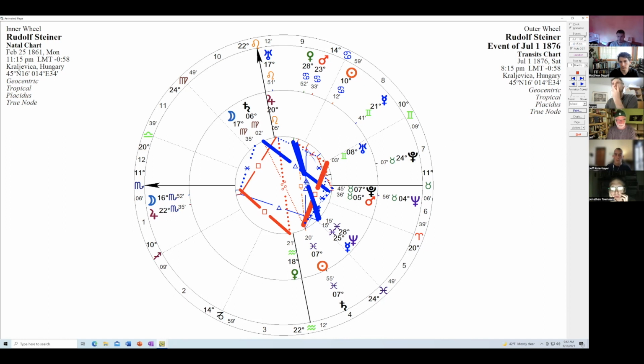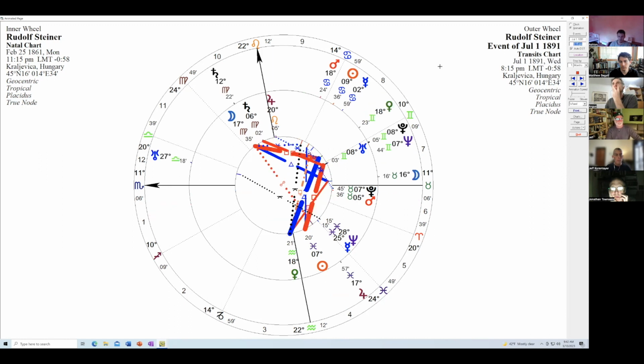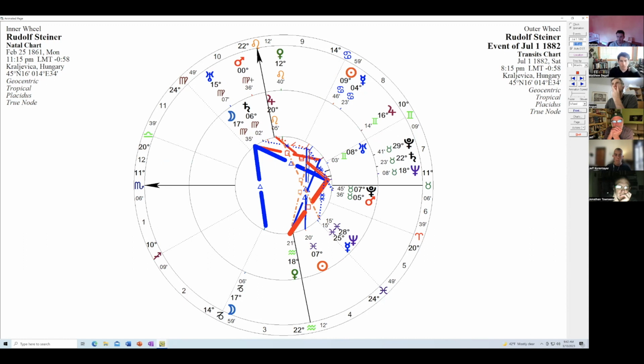It was in 1891 that he got his PhD, and this is the Saturn return. And a couple of things: 1882 is when he began the work on Goethe. This was when Uranus had just been opposing his natal Sun and was square to itself, which you see, this is also the second Saturn cycle as well.